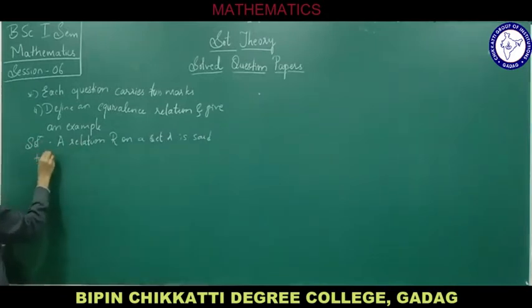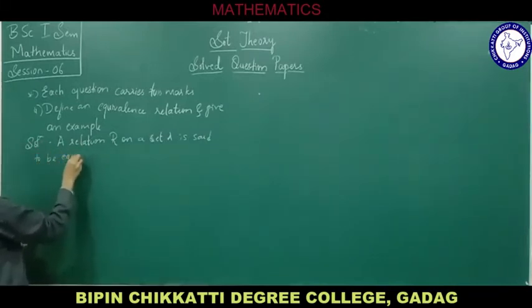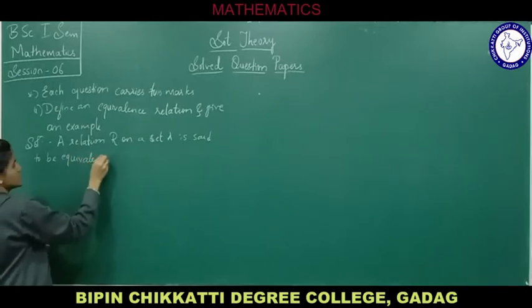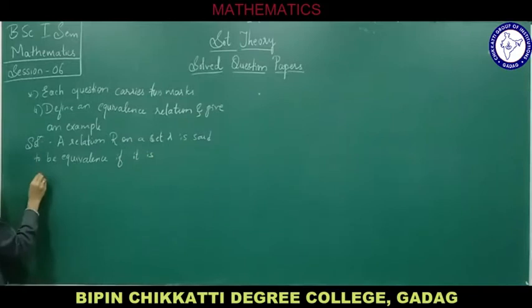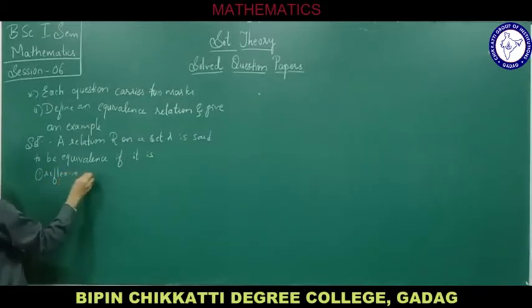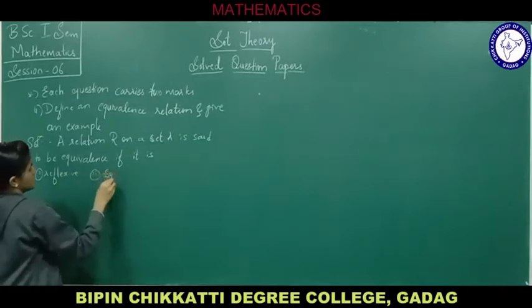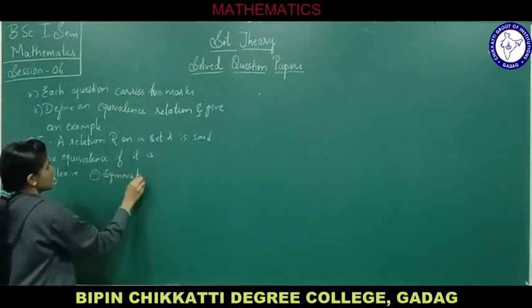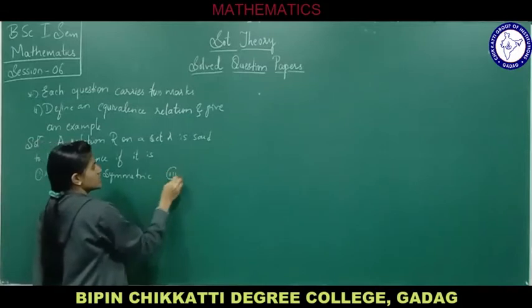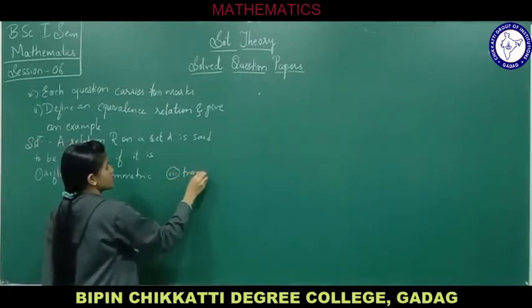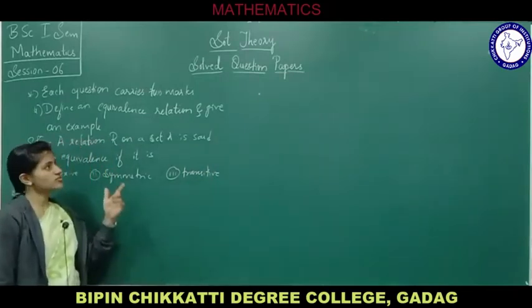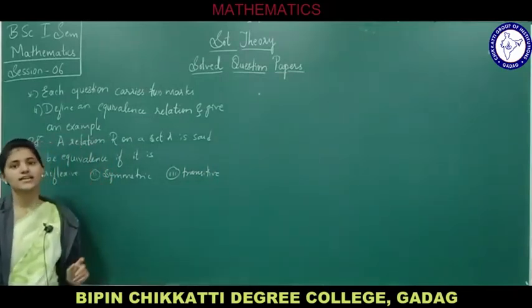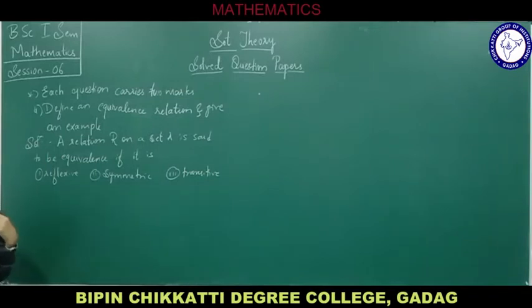It is said to be an equivalence relation if, first, it is reflexive, and then it is symmetric, and then it is transitive. If all three conditions are satisfied, then we say that the relation is an equivalence relation.